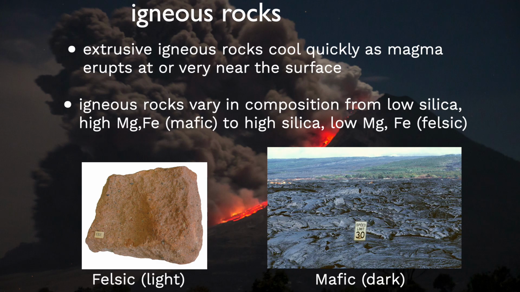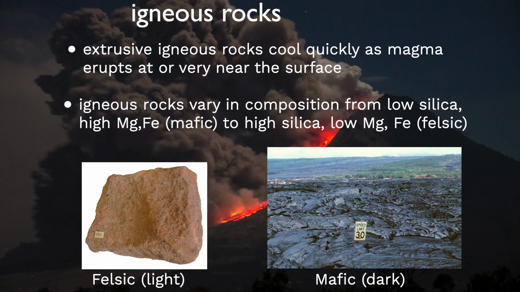And then if they have a high silica on the other hand, and a low magnesium or iron composition, they're called felsic rocks. So we have a felsic rock on the left here. Felsic rocks that are high in silica and low in magnesium and iron are typically light in color. They usually have a lower density as well, but you can really tell just visually, if we're only looking at a picture, that they're typically light in color.